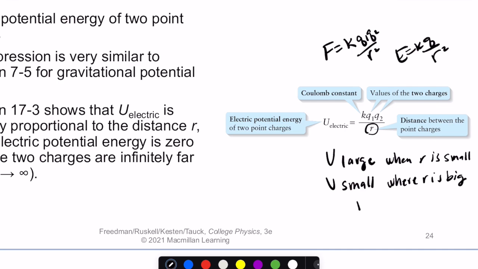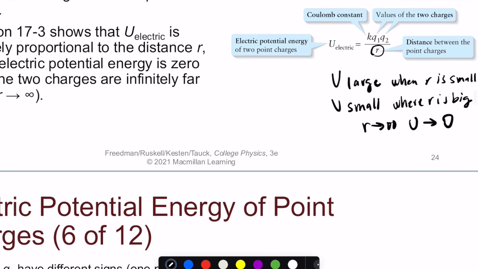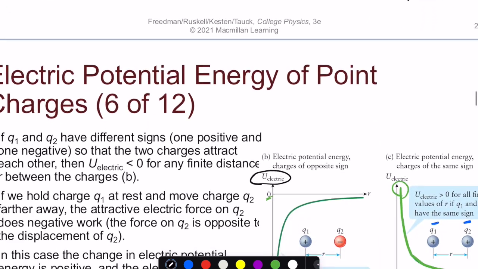In other words, as R approaches infinity, as those two particles get farther and farther away from each other, the potential energy will approach zero. Okay, and those are just some characteristics of an equation like this. And we're discussing it in the context of the energy of particles in the vicinity of one another.